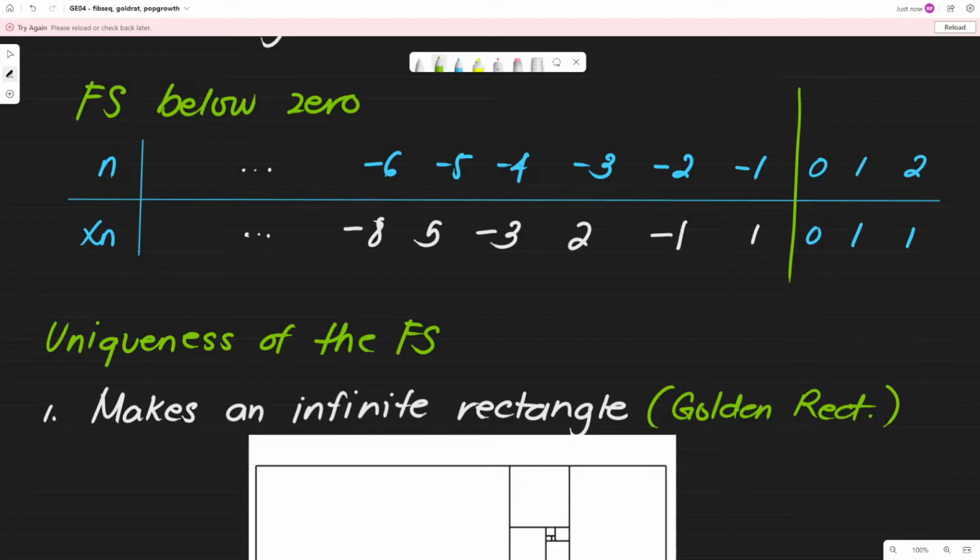So we have negative 1, negative 2, negative 3, negative 4, negative 5, negative 6. Ayan, so we have the terms on the negative side: 1 for negative 1, negative 1 for negative 2, 2 for negative 3, negative 3 for negative 4, 5 for negative 5, negative 8 for negative 6, so on and so forth.